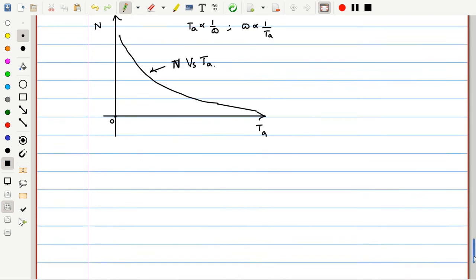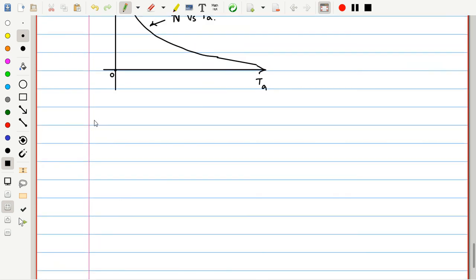Here is one important conclusion about the DC series motor. Just make a note, this is very important for competitive exams. Try to see that in any case, due to some problem, if the armature current is 0, what are the consequences?